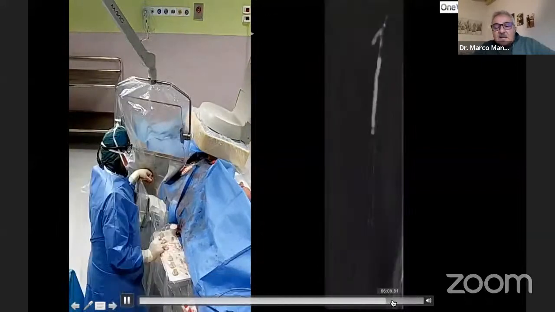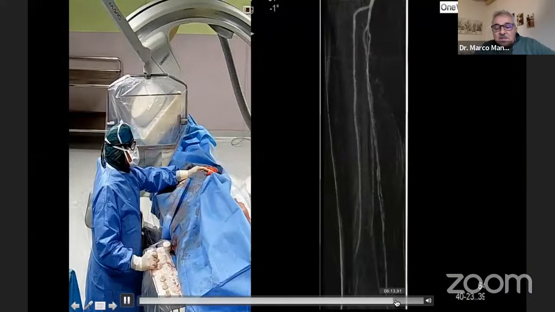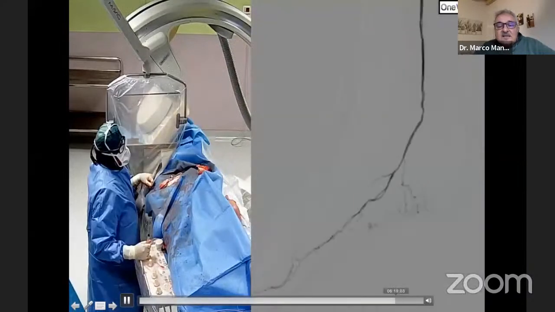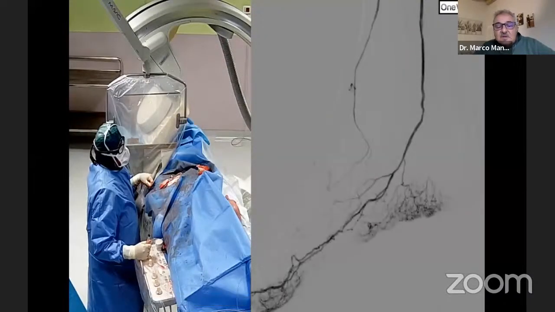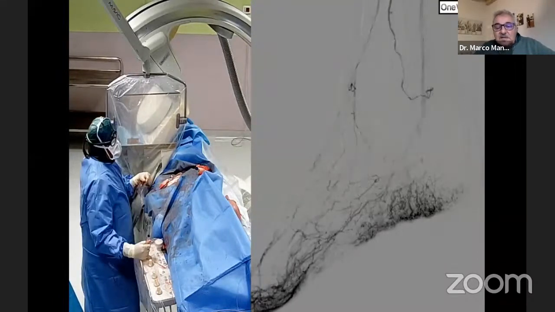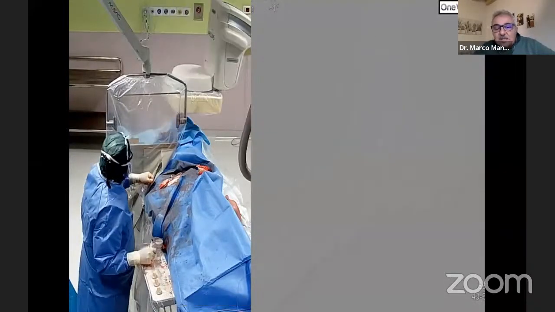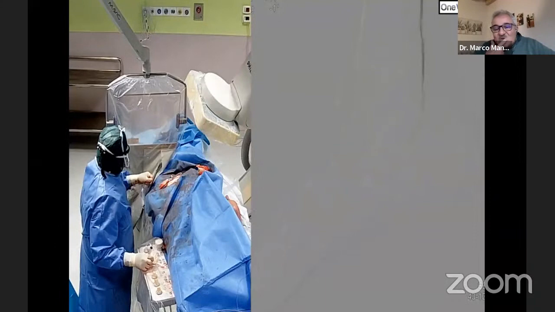Again, we try to stabilize the dissection in the middle with the Zilver-Pittig's stent, and this is the final result in the foot. So you can see the microcirculatory aspect in the plantar, in the forefoot. This is the anteroposterior view. The next one will be the anteroposterior view of the foot.